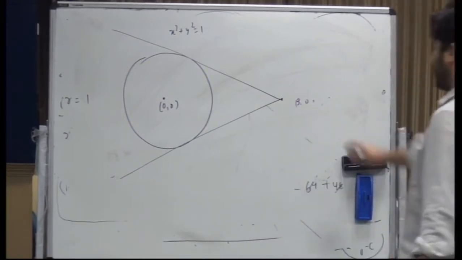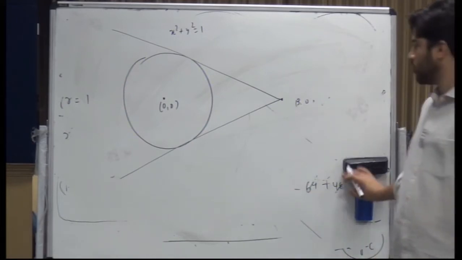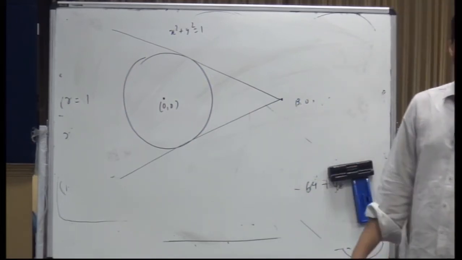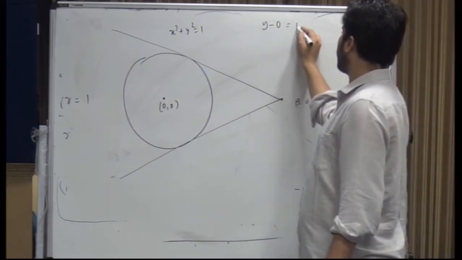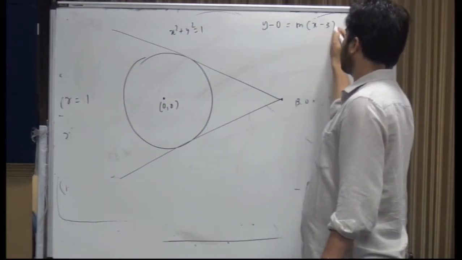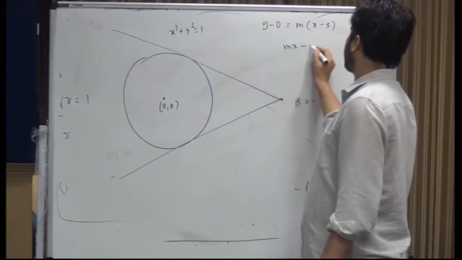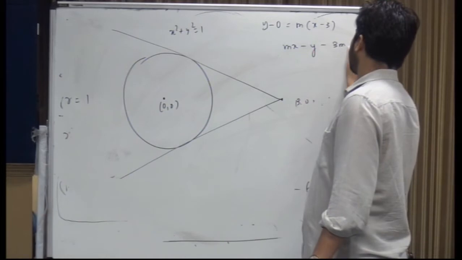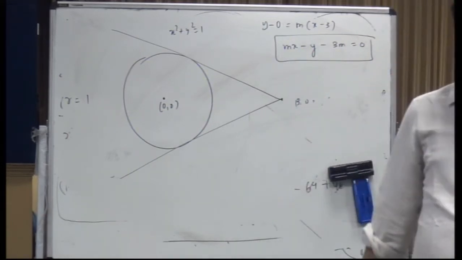Now you have the point, you need the slope. So you are going to assume the slope as m. So the equation is going to be y minus 0 is equal to m into (x minus 3). So the equation is going to be mx minus y minus 3m is equal to 0. This is the equation of tangent, right?